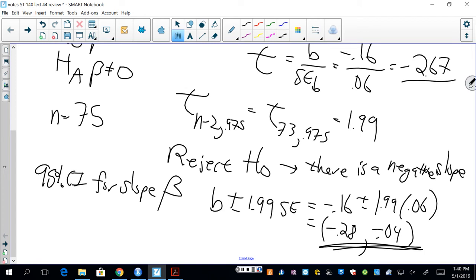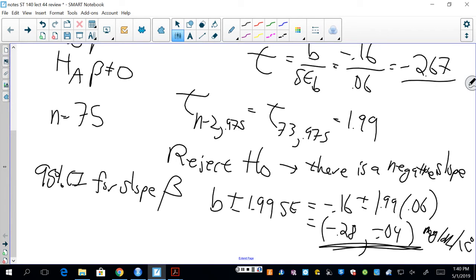So how much does an increase of 1 degree Celsius impact the dissolved oxygen? Well, it looks like it's going down somewhere between 0.28 and 0.04 milligrams per deciliter per 1 degree Celsius, for rate of change.